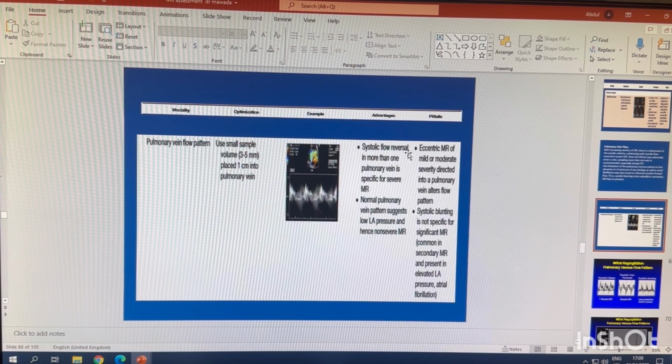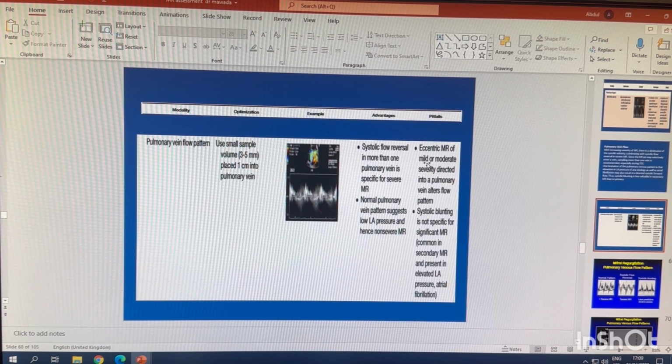So what are the pitfalls in this one? Eccentric MR of mild or moderate severity directed into a pulmonary vein alters the flow pattern. Sometimes we have very eccentric mitral regurgitation and it goes directly into one of the pulmonary veins. If you are doing only that pulmonary vein Doppler, you can mistakenly call it severe, when maybe it's mild or moderate mitral regurgitation, because there is pulmonary vein flow reversal.